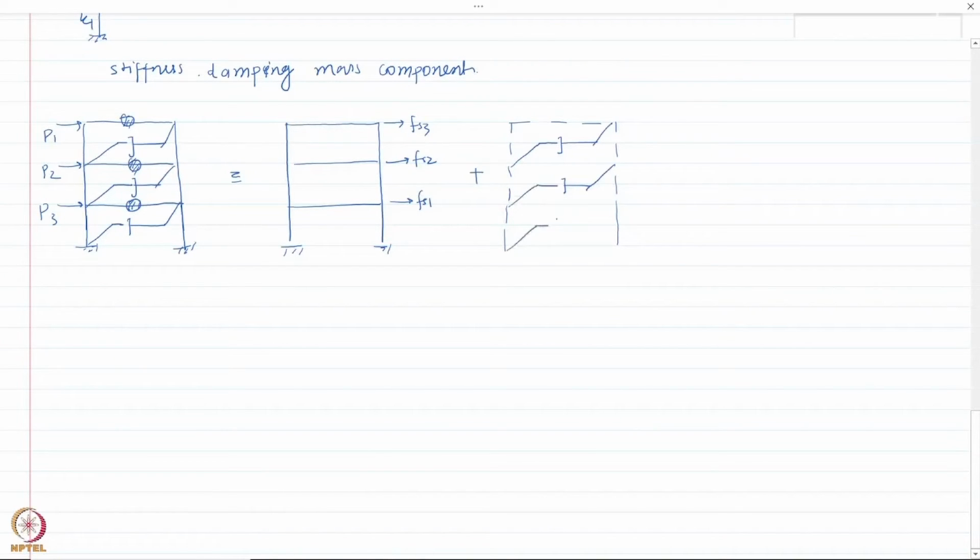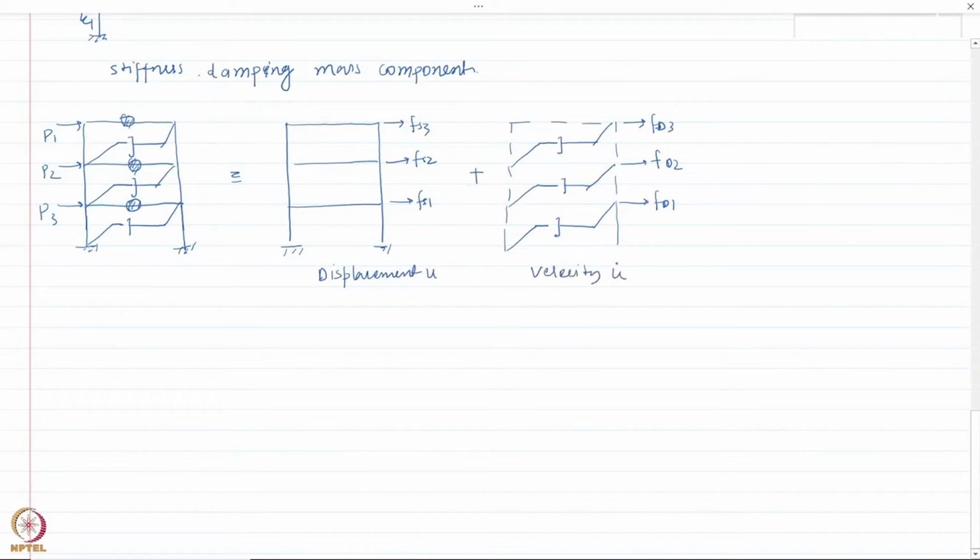In this case, again I have FD3, FD2, and FD1. So this is for displacement U. This is for velocity U dot.